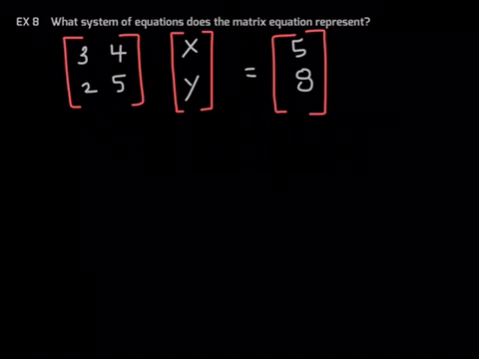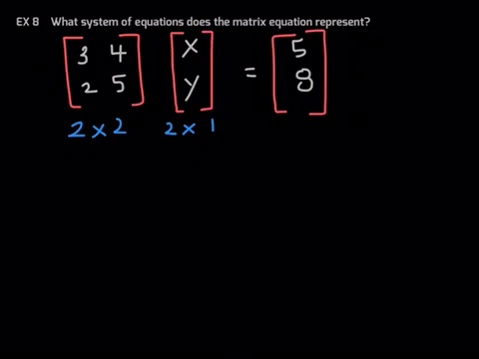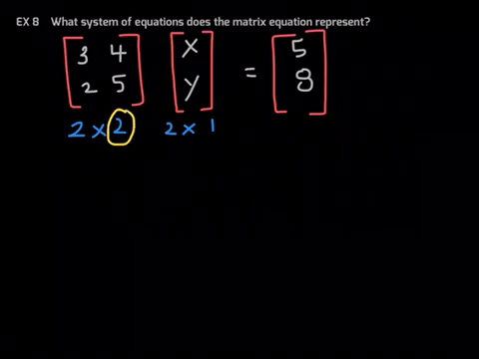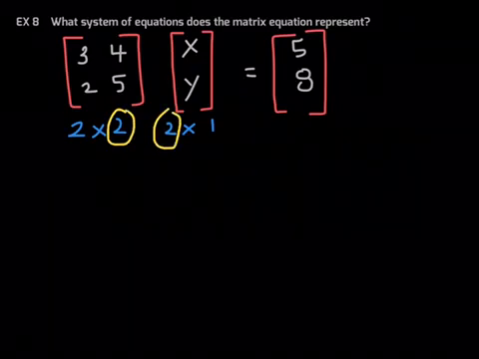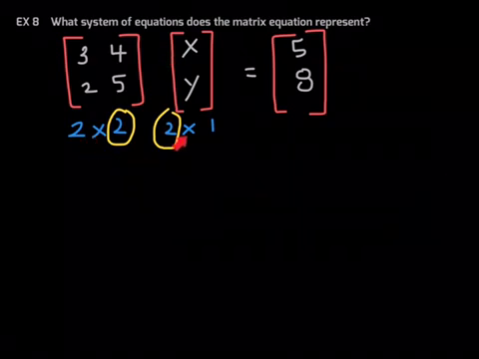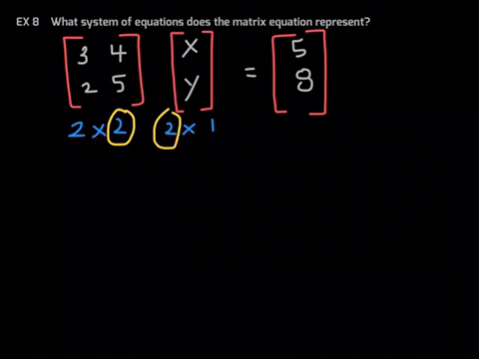This first matrix has order 2 by 2, and the second matrix has order 2 by 1. So yes, this multiplication on the left-hand side is defined because the number of columns is equal to the number of rows. You know what might be confusing is I'm using x's here and I'm using x's here. These x's here just mean 2 by 1 for order. That x is a variable.